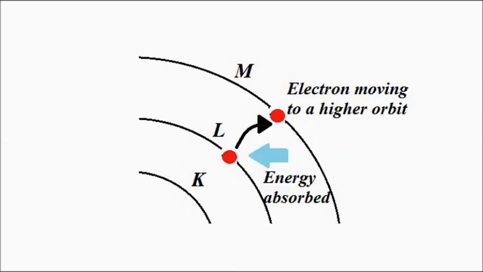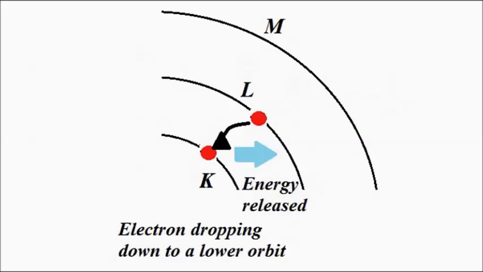The opposite is also true. These electrons excited to a higher orbit cannot stay in that state for an indefinite period of time. After a given period of time, they will lose that energy and drop down to their original state, and the same amount of energy will get released.